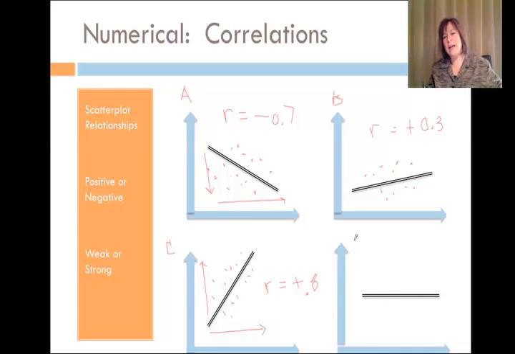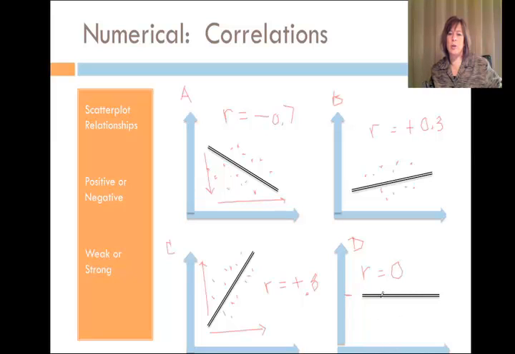On this last one, scatter plot D, we have a straight line. What do you think the R would be? Is there a relationship? Are they related at all? As X goes up, Y doesn't change at all. So if you saw a scatter plot that basically looked like this, you could say that R would probably be 0.